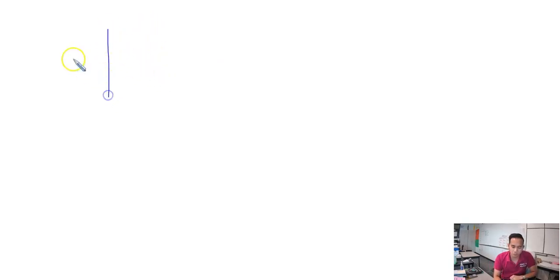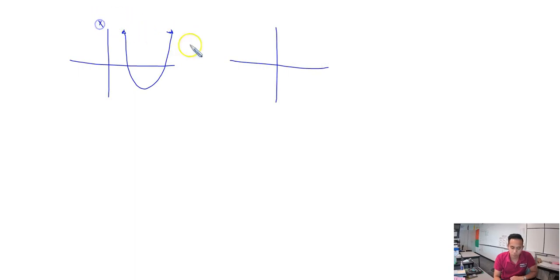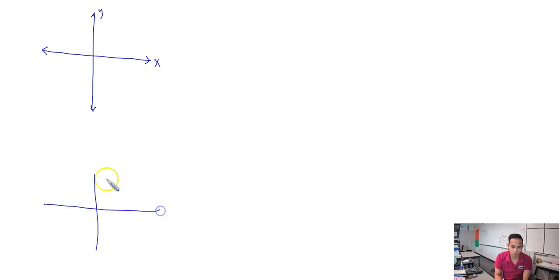So let us say I have here a graph. Of course, this is your x and y. Maybe I can just change the color there. I have several graphs here. Let us say this is x and this is y. And then another graph has this.